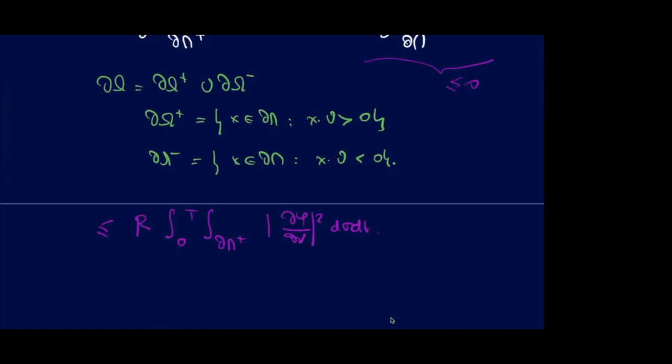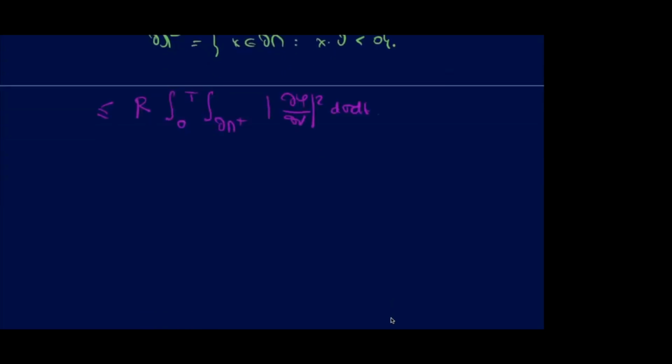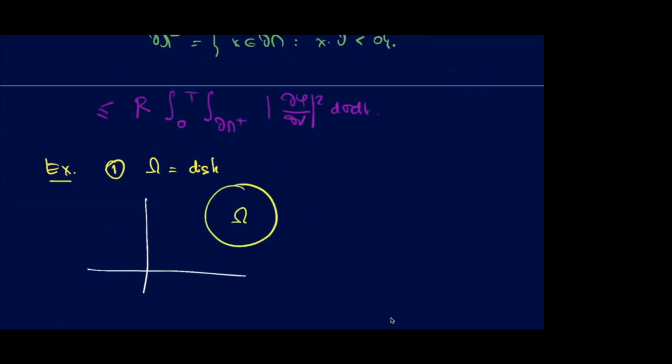So now, how can I check this? Let me see some examples. I take, for example, omega to be the disk. If I place the disk omega here, this is omega, and this is 0. Can you please tell me what is the set of x on the boundary of the disk so that x·ν is positive?